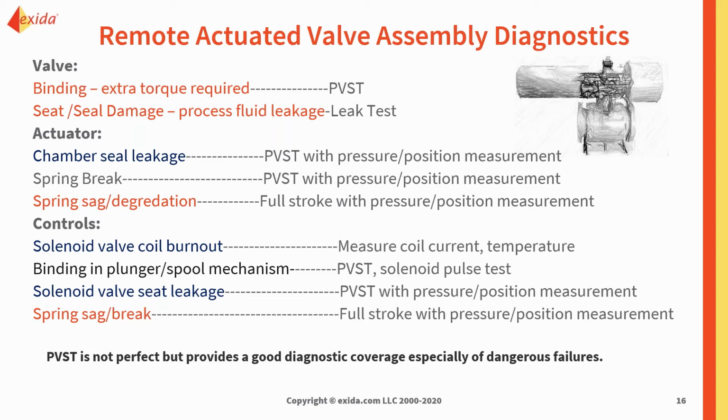Binding in the plunger and spool mechanism can be detected with PVST and solenoid valve pulse test, but the solenoid valve spring breakage and the sag can only be detected really cleanly with a full stroke testing and pressure position measurement. Moving on to solenoid valve seat leakage, that can definitely be detected with PVST.